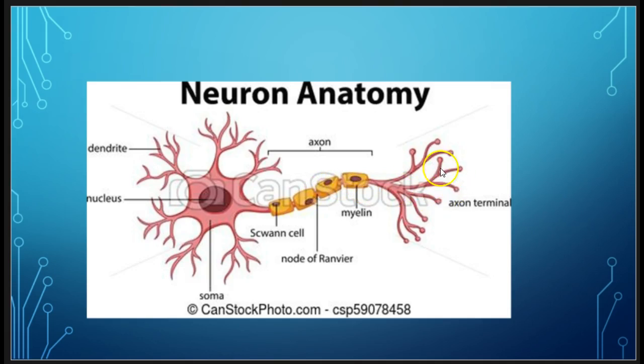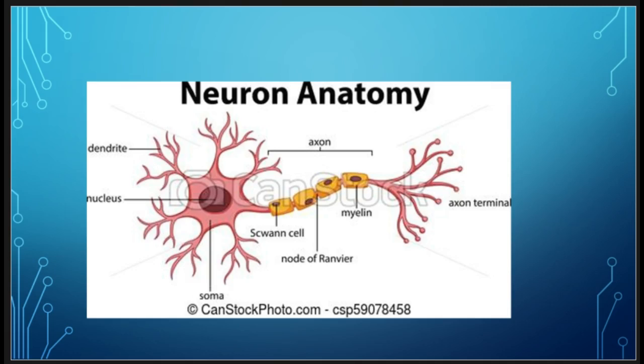At the end of this, of course, is the axon terminal, which is going to send the message to those neighboring and adjacent cells. With this particular example we have the myelin sheath and the nodes of Ranvier, and what we get here is a very fascinating occurrence called saltation.